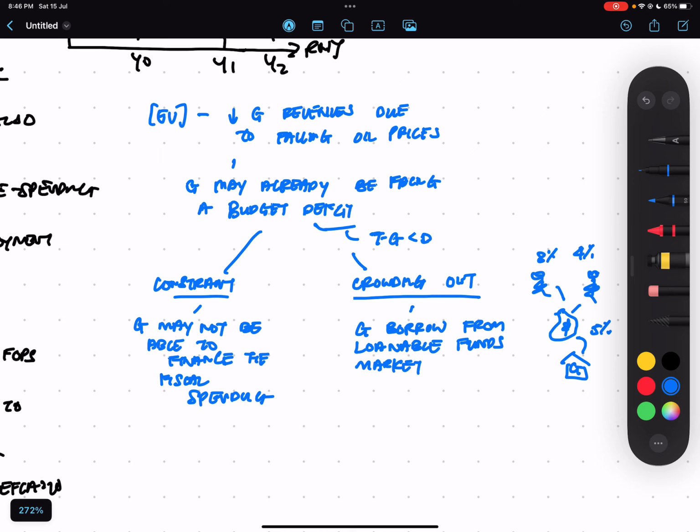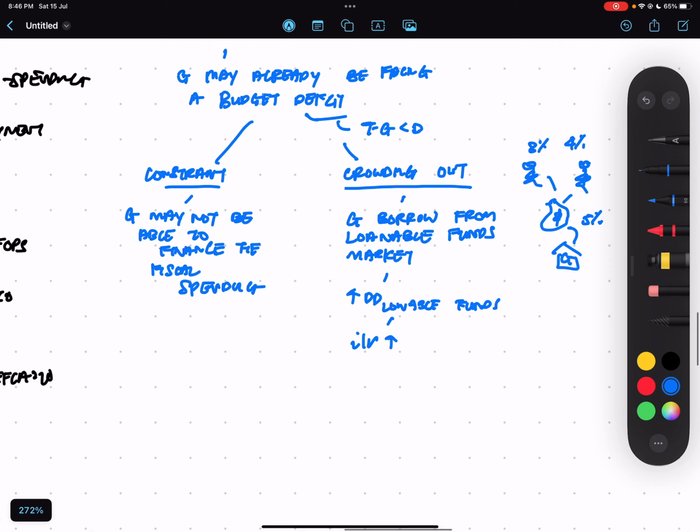So when there's a rise in demand for loanable funds, interest rates will go up, and we all know what happens when interest rates go up. C and I will both decrease. C decreases because the cost of borrowing goes up, so people don't want to borrow as much. I likewise, because rational investors only invest if the rate of return is higher than the interest rate. So C and I get crowded out because they decrease.